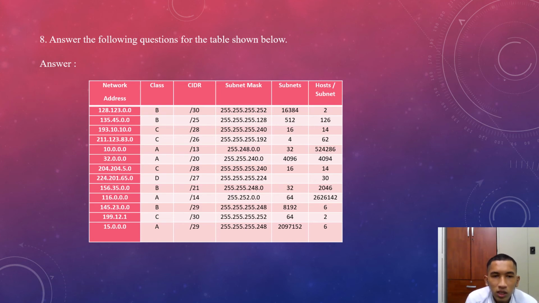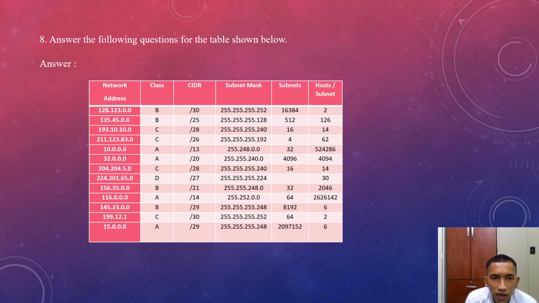For question number 12, class is C, CIDR is /30, subnet mask is 255.255.255.252, subnet is 64, host per subnet is 2.